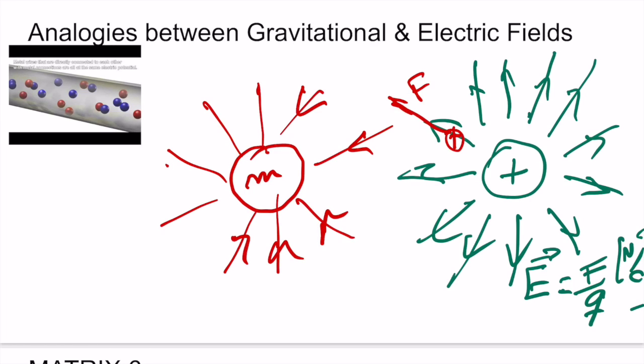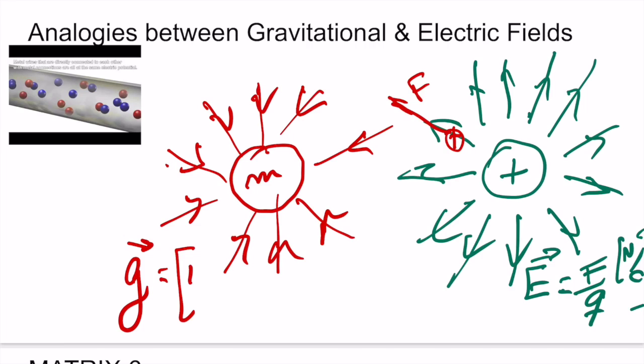One of the differences is that we call the electric field E, and we measure it in newtons per coulomb. The gravitational field we call g, for gravity, so the unit is newtons, force, per kilogram, mass. The definition is, again, force per unit mass.